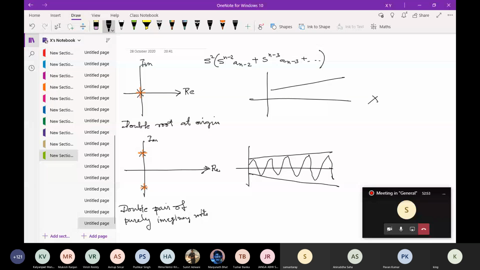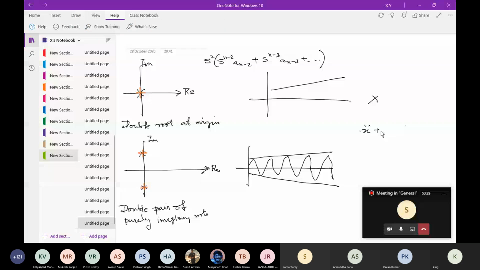If I give you a differential equation, let us say, take x double dot is equal to constant.